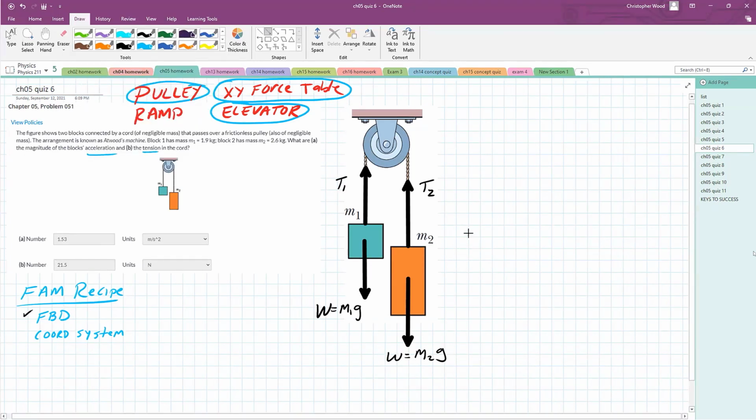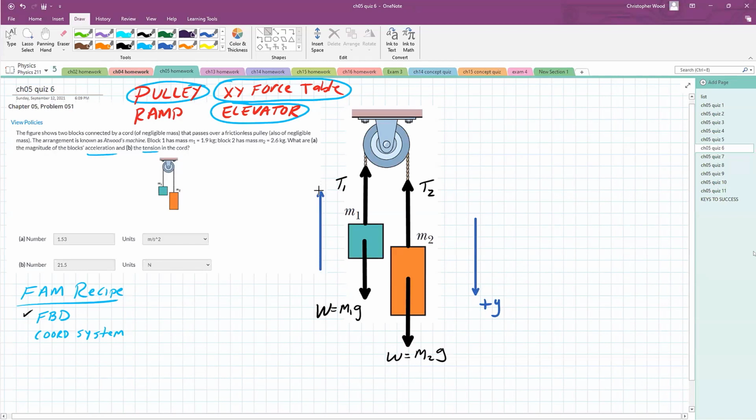So the direction of the acceleration is going to be downward, and I'm going to take advantage of it. I'm going to call this plus y. Everyone's accustomed to plus y pointing upward, but I'm going to call plus y downward because I know the acceleration of mass 2. And because they're connected via that rope or cable, I do know the acceleration of mass 1.